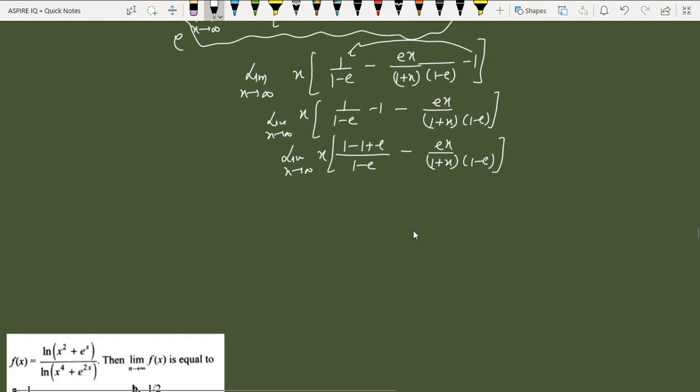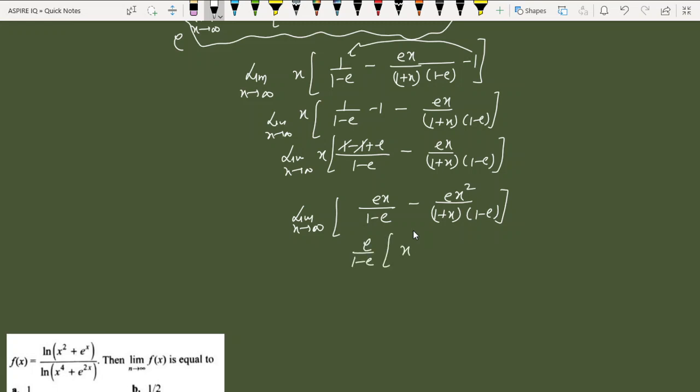Now this cancels out, so you will get e to the power x(1 minus e) minus e to the power x(1 plus x)(1 minus e). Okay, I think I'm right till now. This will be x square. Now take 1 upon e common: x minus x square upon 1 plus x, limit x tends to infinity.